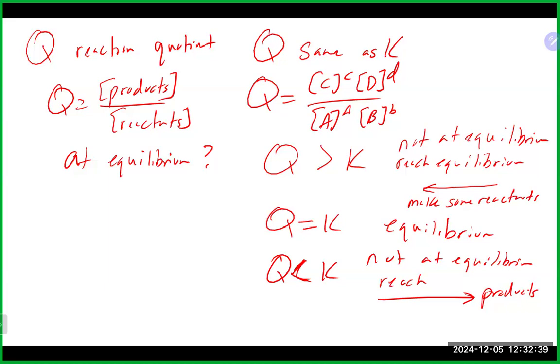Also, obviously, as we talked about, you can only calculate Q if you're given all the concentrations, right? So if you're not given all the concentrations, you can't calculate Q. If you are given all the concentrations of the reactants and the products, you could calculate Q, and that's a good indication that you should calculate Q.